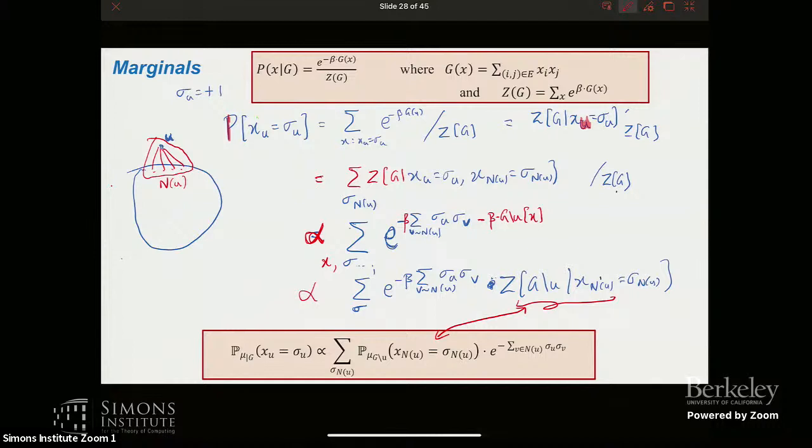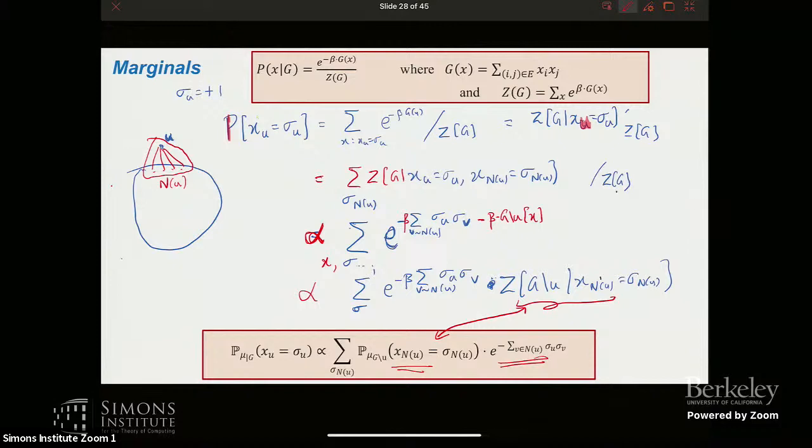Okay, this expression is true in every graph. It's just the idea that the probability distribution on G is the probability distribution on G minus u, reweighed by e to the power minus the Hamiltonian of just the edges to the neighborhood.